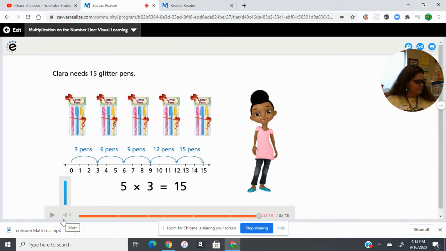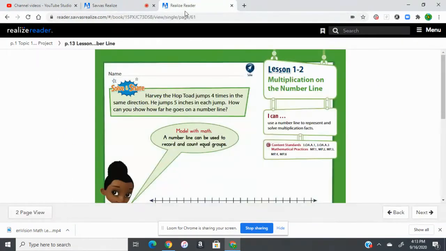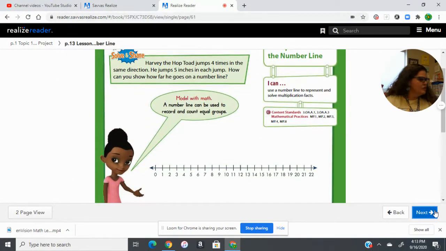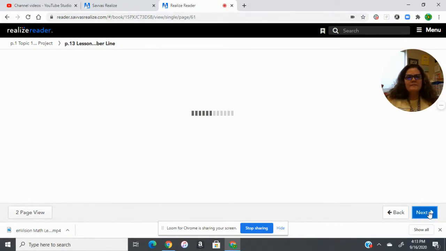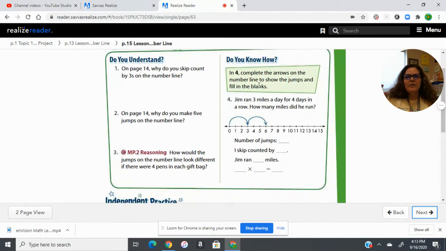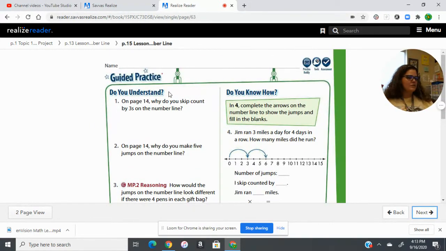All right. And let's go ahead and get our book. We're going to be going to page 15. Okay, right here. It says guided practice. All right, I'm going to switch to the camera so I can write in my book. So just a moment.